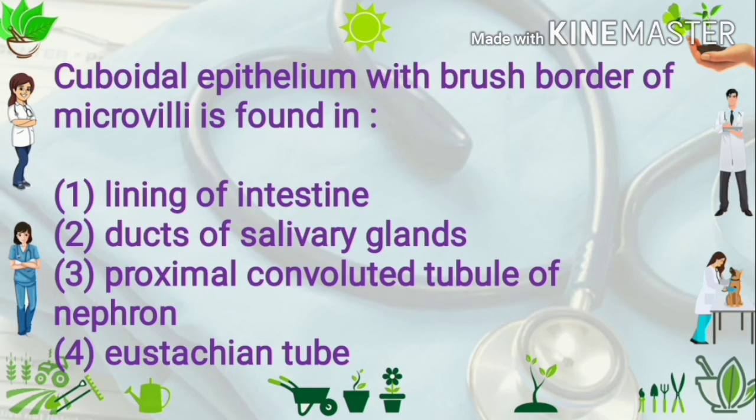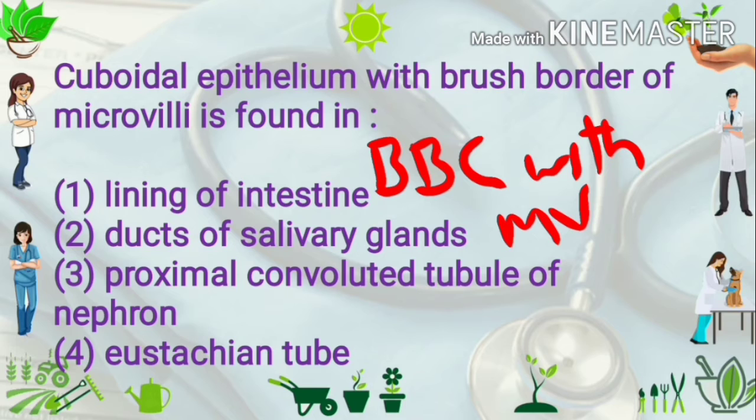Next question. Cuboidal epithelium with brush border of microvilli is found in option A, lining of intestine, option 2, ducts of salivary glands, option 3, proximal convoluted tubule of nephron, option 4, eustachian tube. The intestine is lined with brush-bordered columnar cells with microvilli.